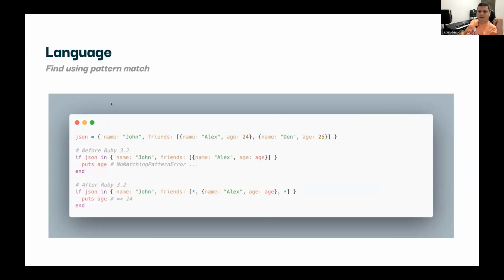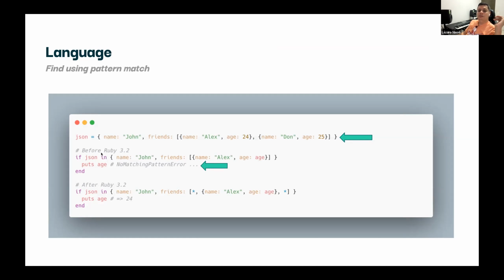But now on Ruby 3.2, you can do that. Also, we had this feature that is no longer in test. It's ready for production. So you can use pattern matching to find things. Let's suppose you have this hash with name John, and you have two friends, Alex and Don, and you want to find what is the age of Alex.